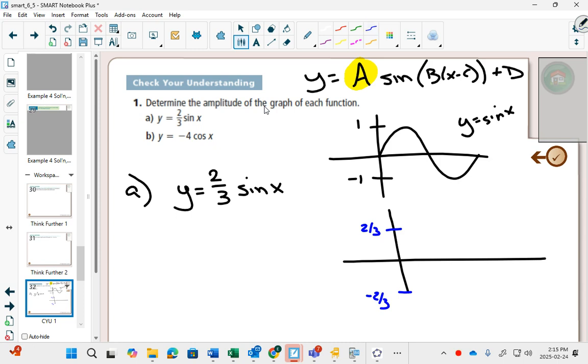And we're going to learn as a shortcut that if you have your period divided into 4 equal sections, this is just our axes family, pi over 2, pi, 3 pi over 2, and 2 pi, your sine graph starts in the middle going up. And so it will just go up to 2/3, back to the middle, down to -2/3. And we graphed it really quite quickly, just by knowing that the A value changes your amplitude.